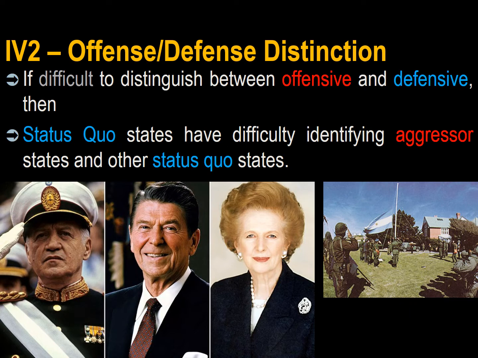You can see depicted here Galtieri on the extreme left, who is the leader of Argentina, Ronald Reagan, the American president, and Margaret Thatcher, the Prime Minister of England. And nominally, these three countries were anti-communist, united together as status quo states. But Galtieri wanted Las Malvinas, the Falkland Islands, to be back in the possession of the Argentines.